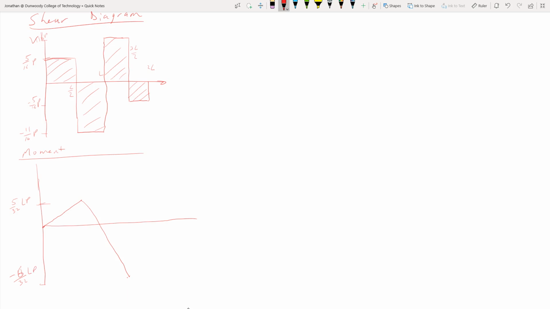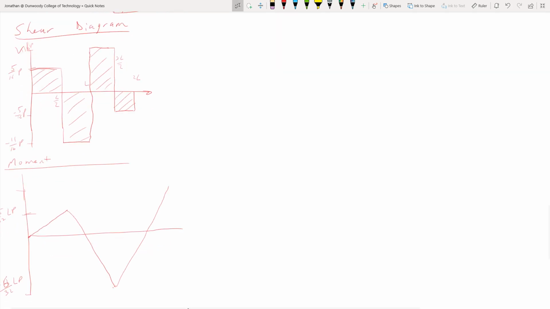Maybe drew it a little too large. And we have positive 11/16. And I've got this a little spread out more than I need to. And that should get us back to that same point. And then that bit stretches out here. So there's our moment here for that bit.